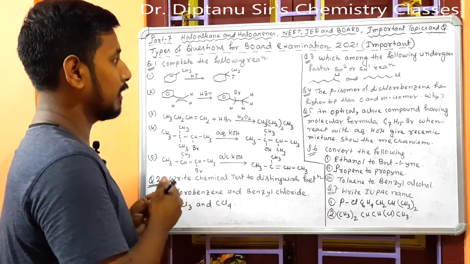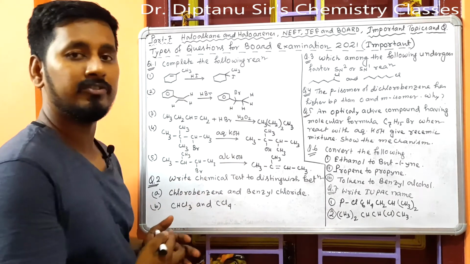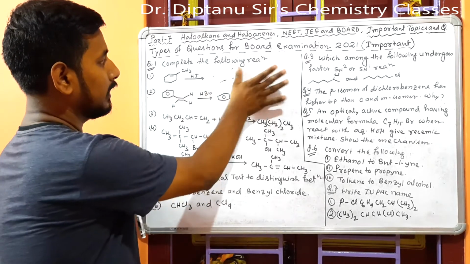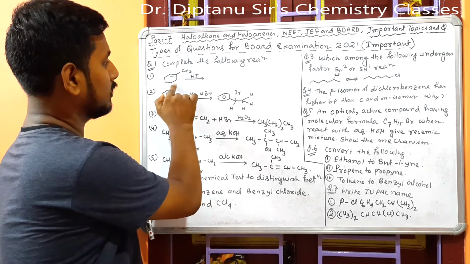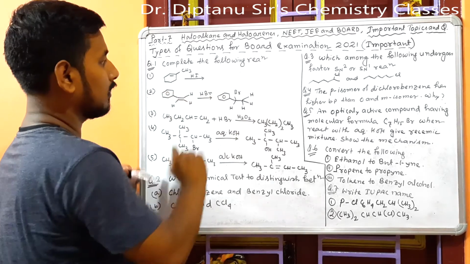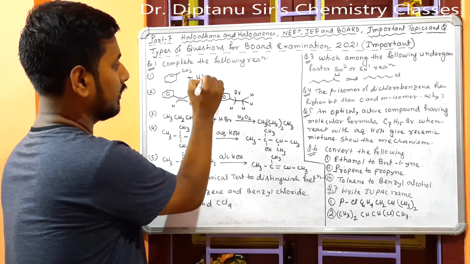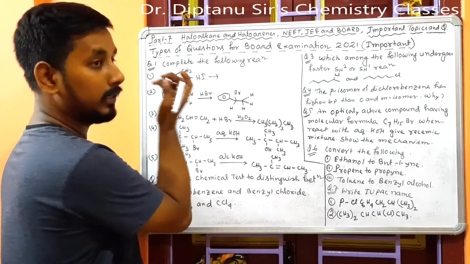The questions may be like that: complete the following reaction. Then they give you the question like this, one and an arrow, or they can give you something plus HI, arrow, then complete the reaction.